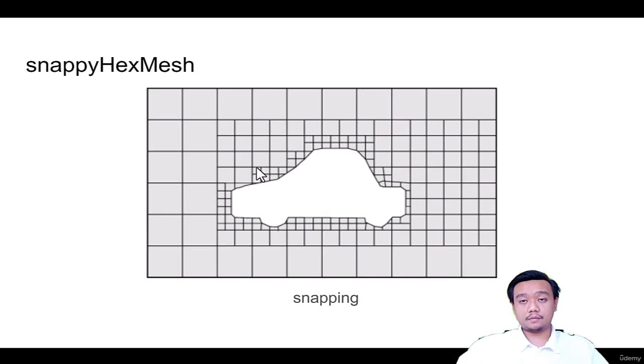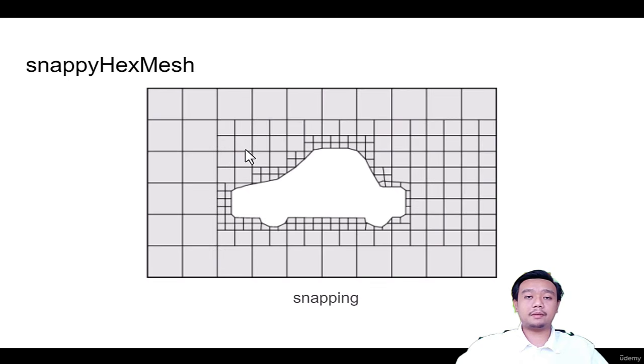so it will maintain the efficiency of the hexahedral mesh while also capturing the detail of the geometry. This is very efficient if you want to design, let's say, a very large room with maybe some small objects within it. You don't have to worry about making the mesh small everywhere, but you can just focus on your object.